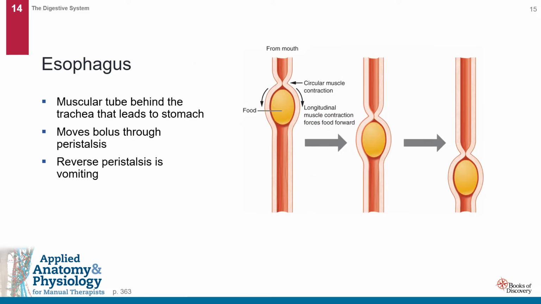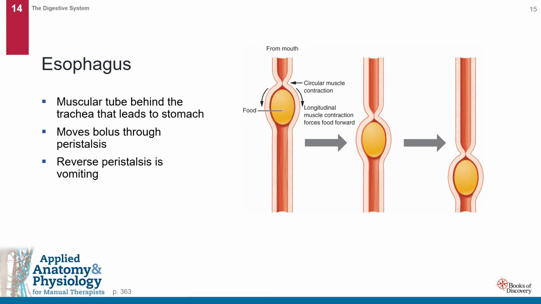Let's take a look at the esophagus. The esophagus is the muscular tube just posterior to the trachea that connects the pharynx to the stomach. It serves as a passageway for food, and no digestion takes place here.